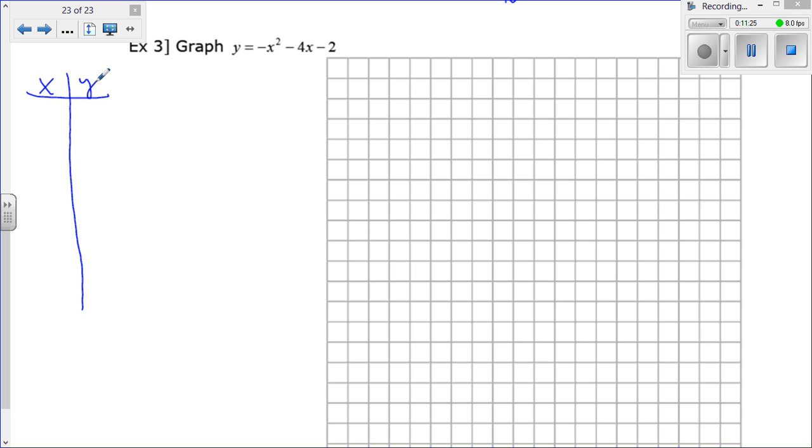For x and y, this one's going to go from -5 to 1. So -5, -4, -3, -2, -1, 0, and 1. And my y values are -7, -2, 1, 2, 1, -2, -7.